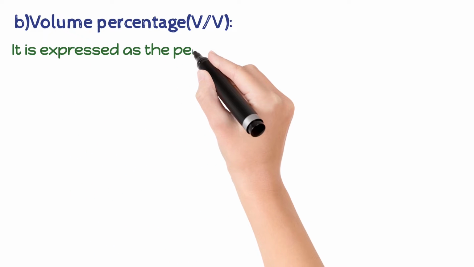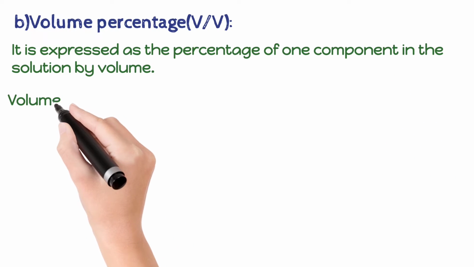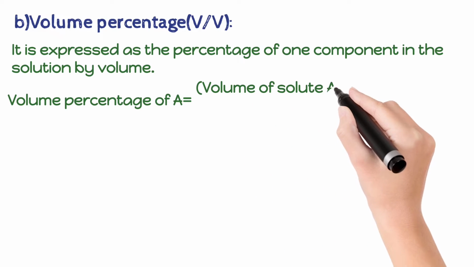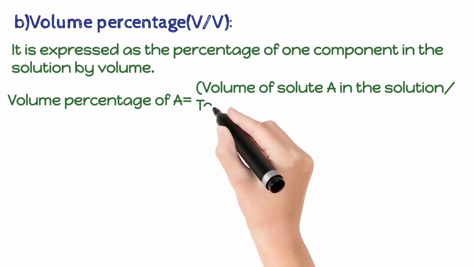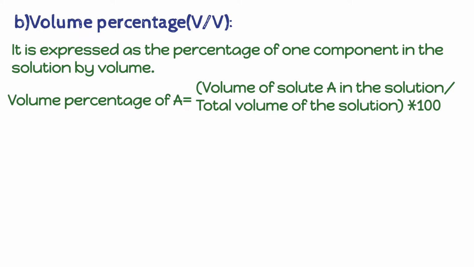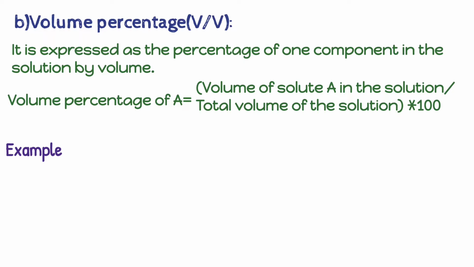Now, what is volume percentage? It is expressed as the percentage of one component in the solution by volume. Volume percentage of A will be volume of solute A in the solution divided by total volume of the solution, into 100. Let me give an example.